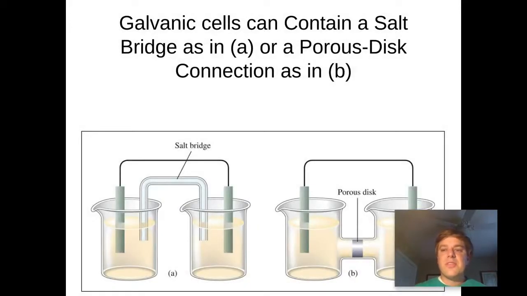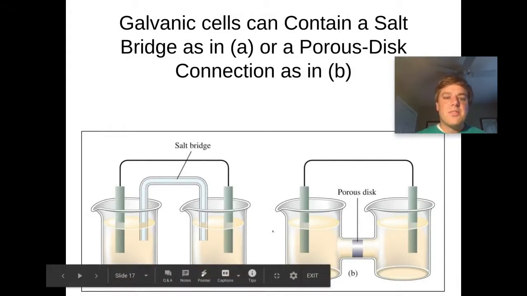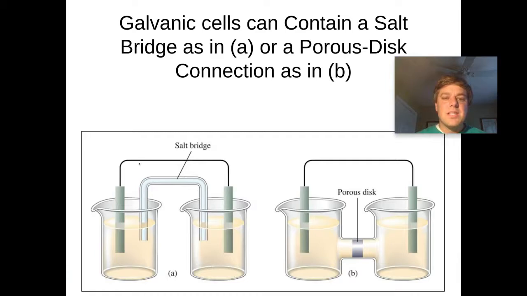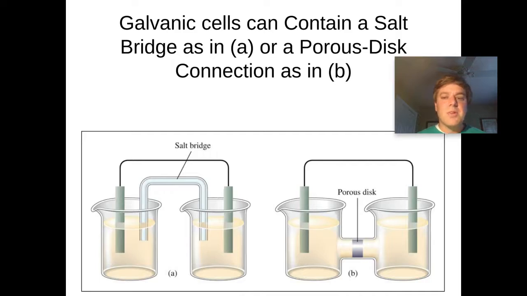And this shows essentially how a galvanic cell is constructed. You have your solutions of your ions that are 1 molar, you have your solid pieces of metal, and then you have this thing called a salt bridge, which allows the flow of ions back and forth in order to balance charge.